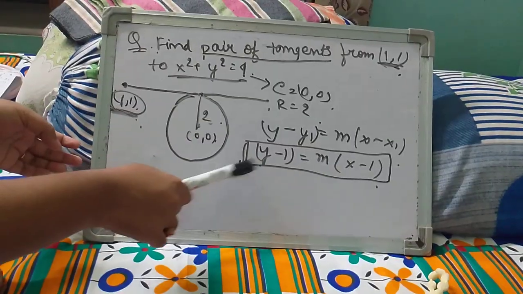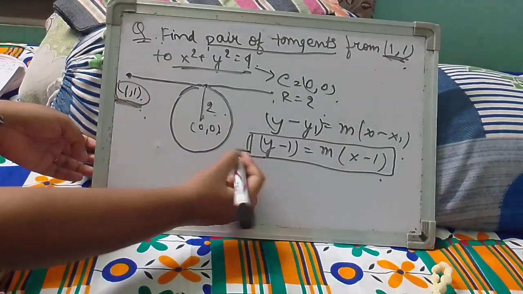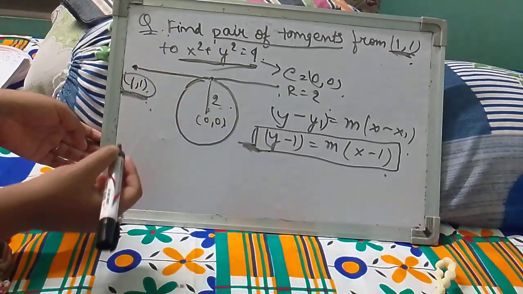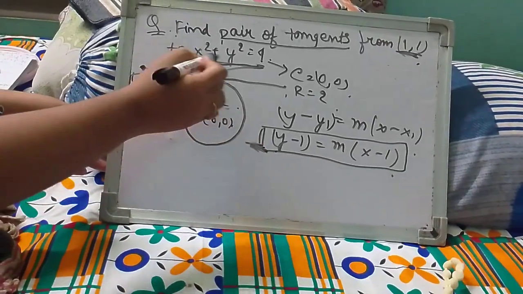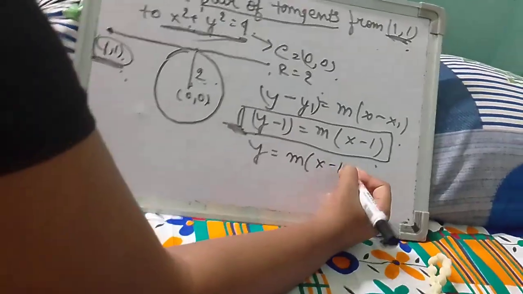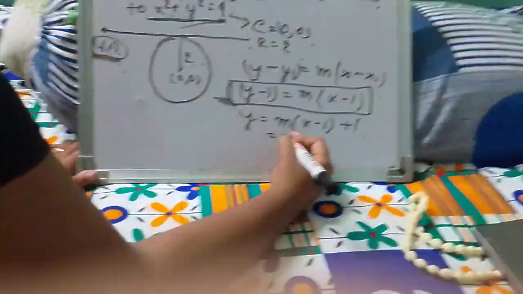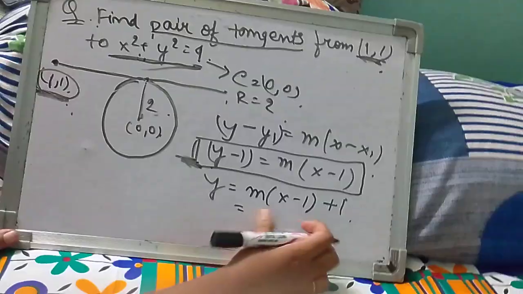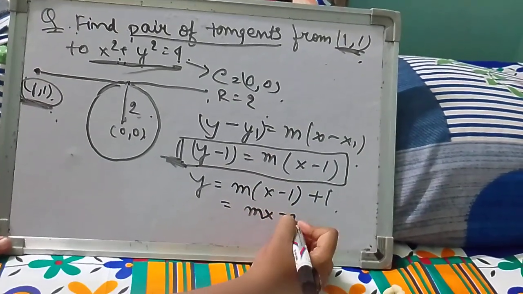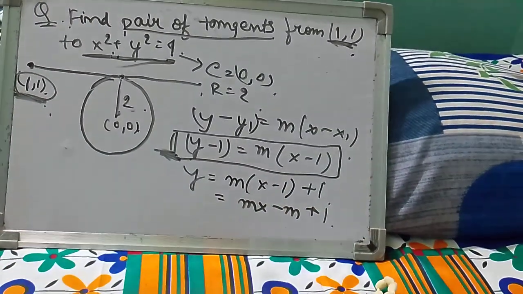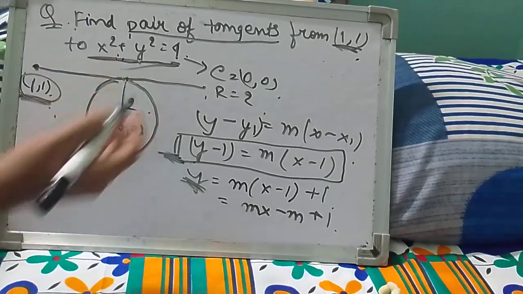So this equation must satisfy the circle's equation. So let's put this in the circle's equation. It becomes y equals mx minus m plus 1. So let's put the value of y here.